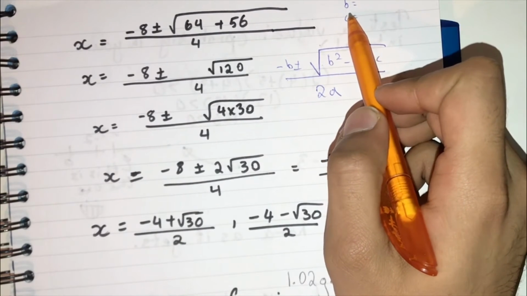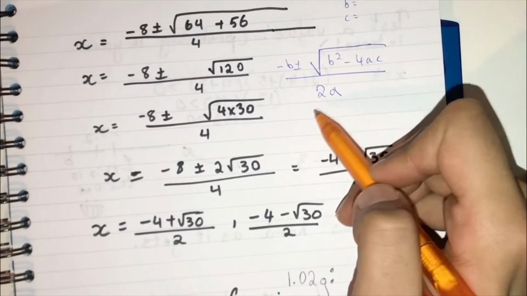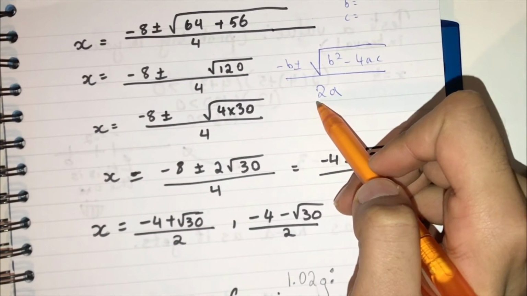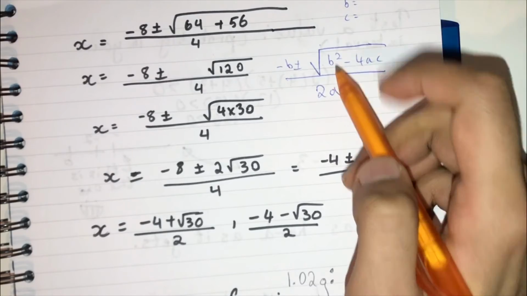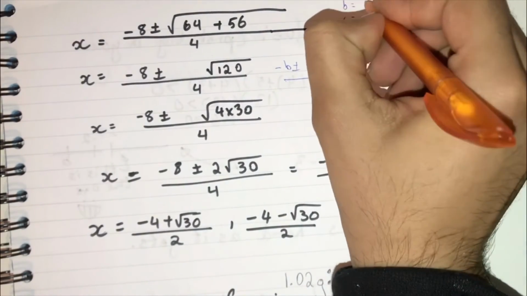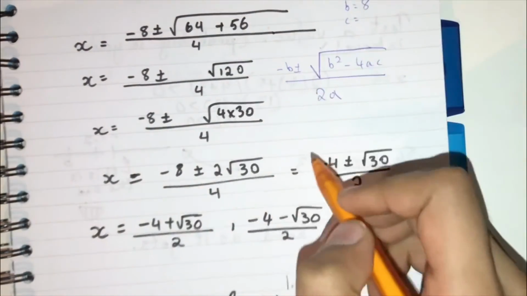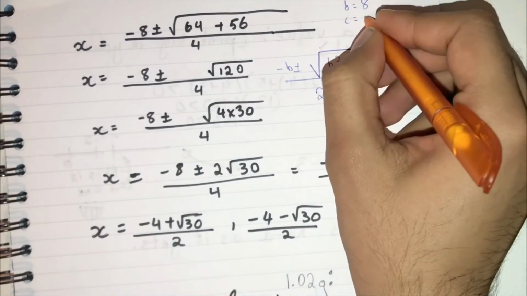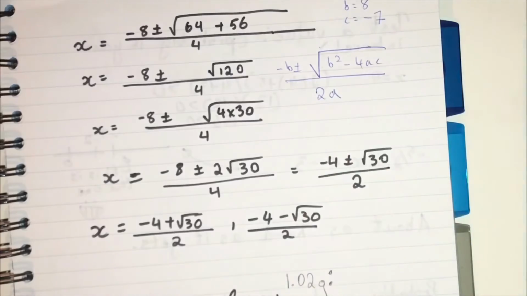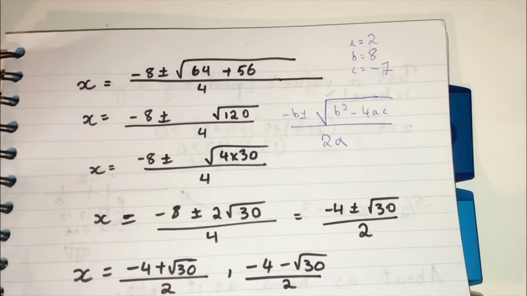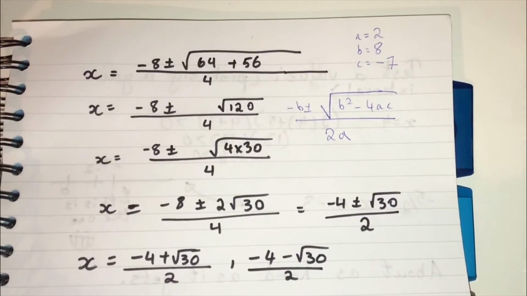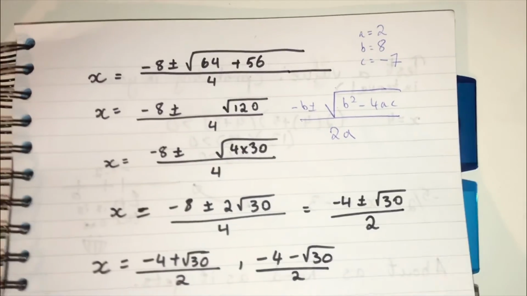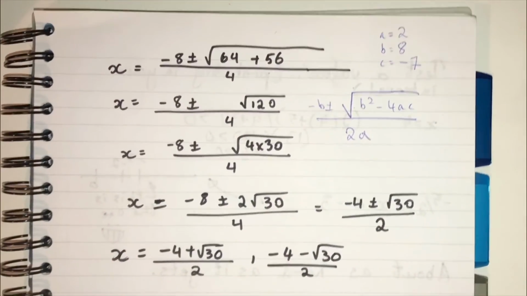B will be the coefficient of the second highest power, and C will be the coefficient of the constant. So in our case, A is 2, B is 8, and C will be, I believe it was minus 7. I can just double check that quickly. Yeah, it is minus 7.